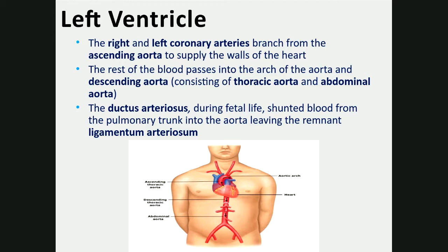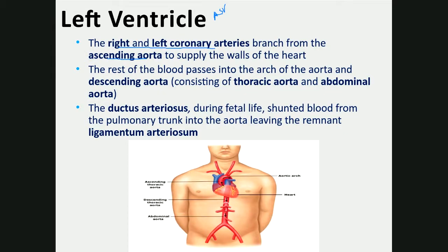So now we're in the left ventricle. From the left ventricle, the blood is going to be pushed out of the aortic semilunar valve, right? And it's going to go into the aorta, okay? The first arteries off of that ascending aorta we'll learn are the right and left coronary arteries.